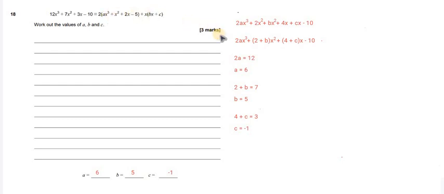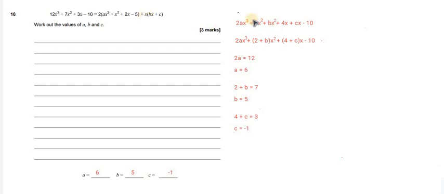When we do that, we have 2ax cubed plus 2x squared plus 4x minus 10, and then we have plus bx squared plus cx. In this case, it has been expanded, simplified, and like terms collected.